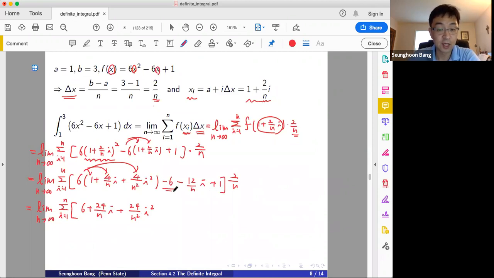The negative 6 plus 1 is minus 5. The remaining thing is negative 12 over n i, times 2 over n. Next, simplify more.